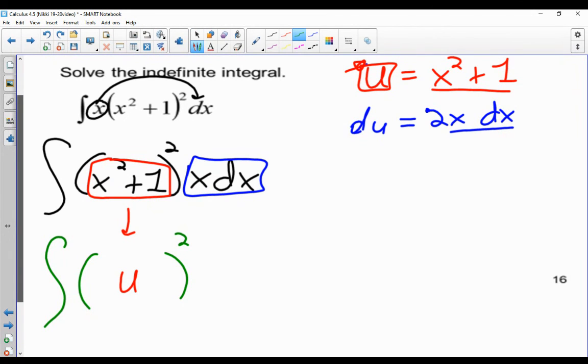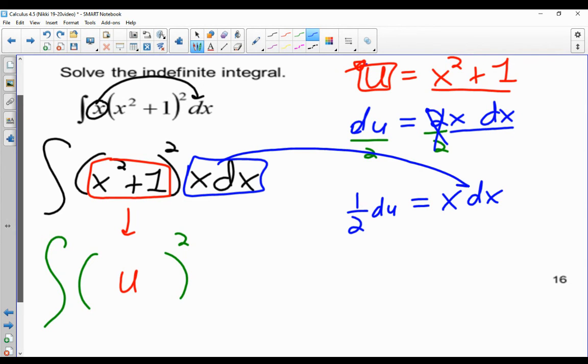So to make it match, I'm probably going to have to divide that 2 to both sides. So on the left side, I'll have 1/2 du. The 2's will cancel over here, and I'll have x dx. Now this matches with that, so now I can put this in. So in other words, I can replace that with 1/2 du.